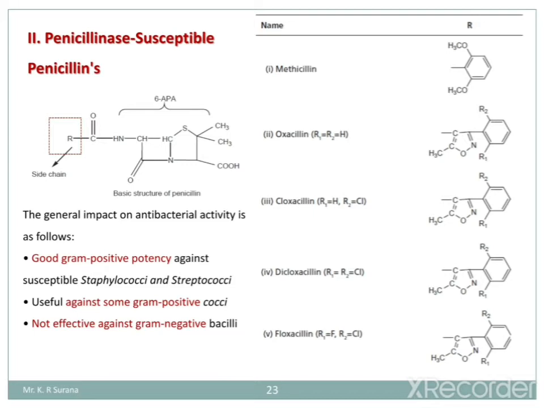The next example is dicloxacillin. In this case, again the oxacillin structure is as it is, but at the R1 and R2 positions, R1 equals R2, with a chlorine group at both positions. The next example is flucloxacillin. In flucloxacillin, R1 is fluorine and R2 is chlorine, meaning the structure of oxacillin as it is, but R1 is fluorine and R2 is chlorine.